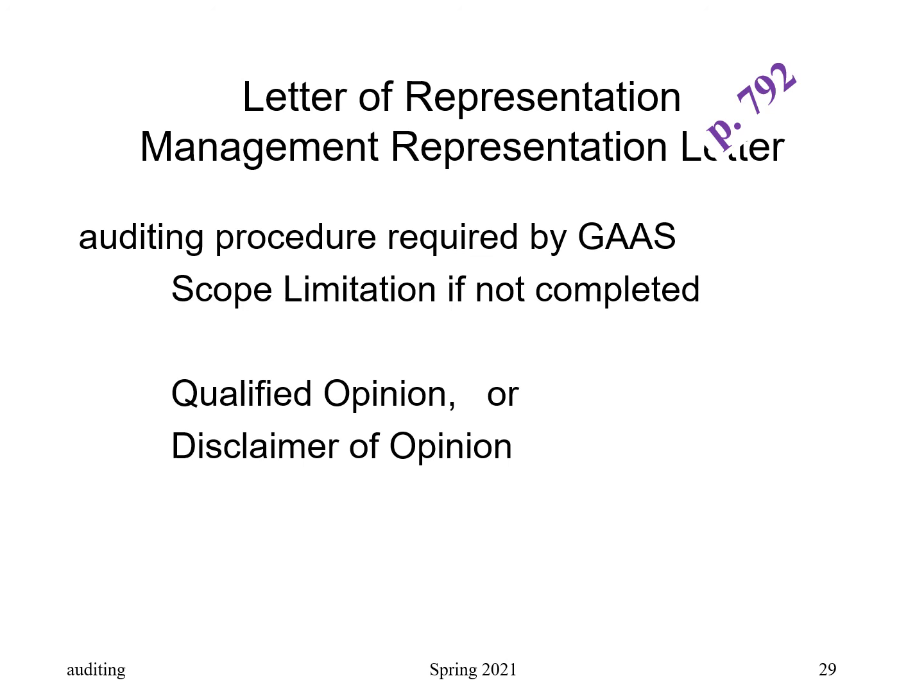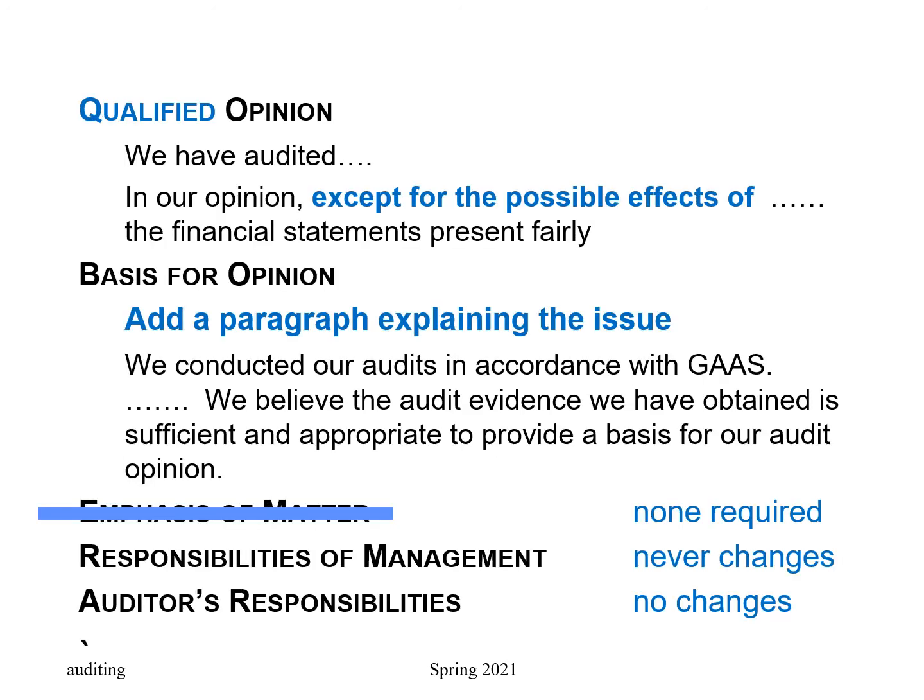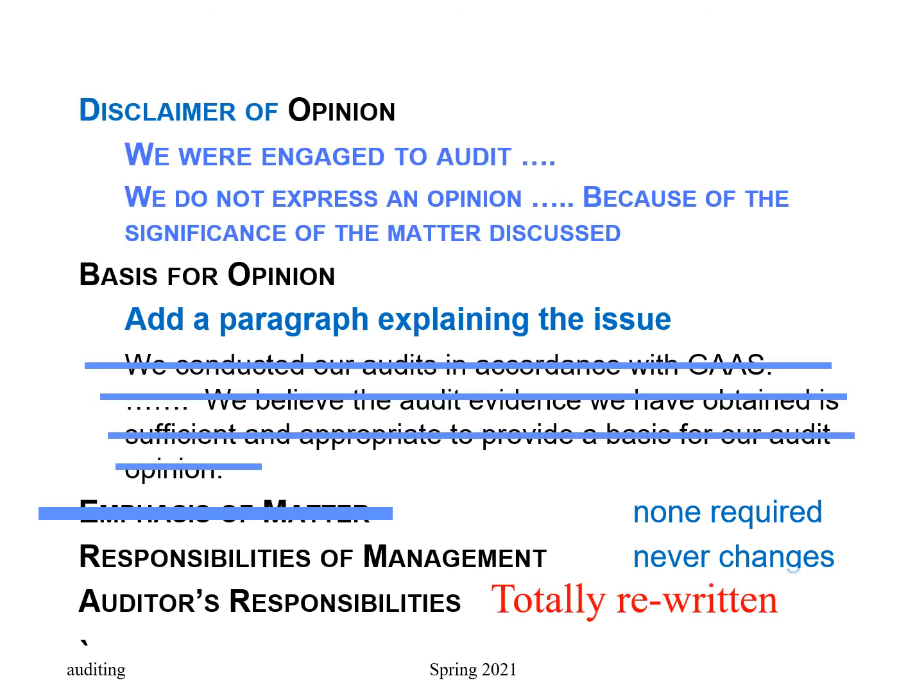If the client refuses to prepare a management rep letter, we have a scope limitation, qualified opinion or disclaimer opinion. We just went through that, so I'm not going through it again, but it's right there for you if you need it. Oh, would that be fair game on the final? You betcha.